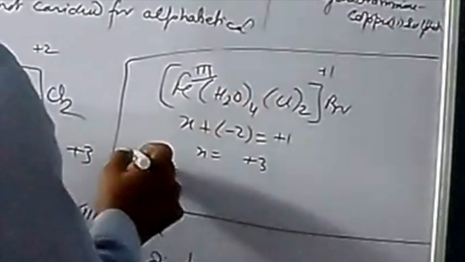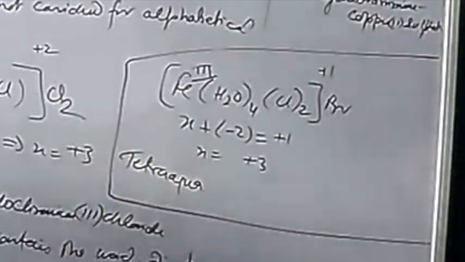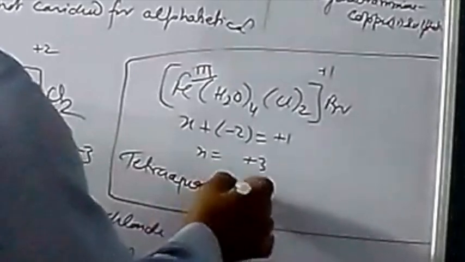How many aqua? 4. Tetraaqua, dichlorido, iron(III) bromide. So this is the way to write down cationic complex nomenclature.